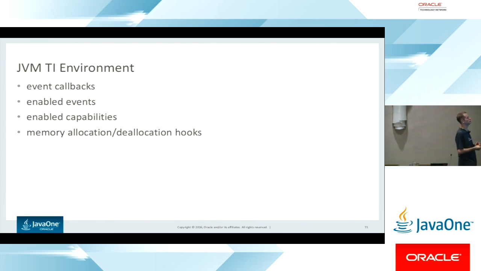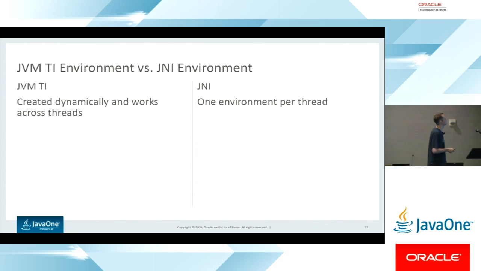You enable or disable particular events that you are interested in, the kind of events that you want to either instrument or profile in some sense. And we have capabilities that you can turn on and off, and I'll explain what capabilities are in just a second. And also there are JVMTI specific memory allocation and deallocation hooks, so that the libraries can be managed by the JVM as they're loaded and unloaded.